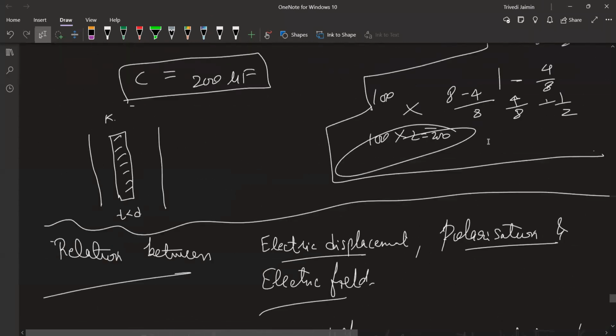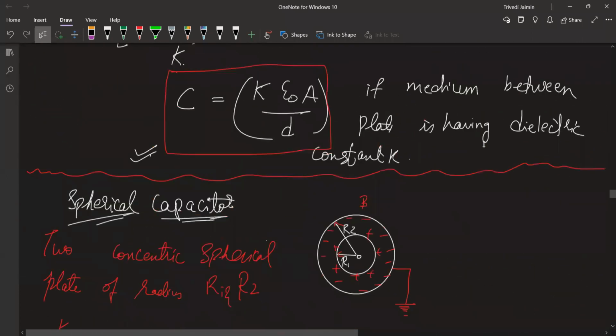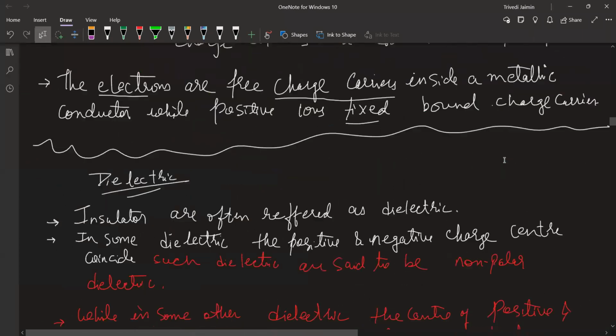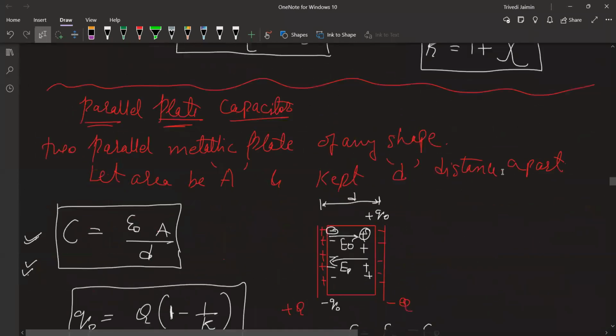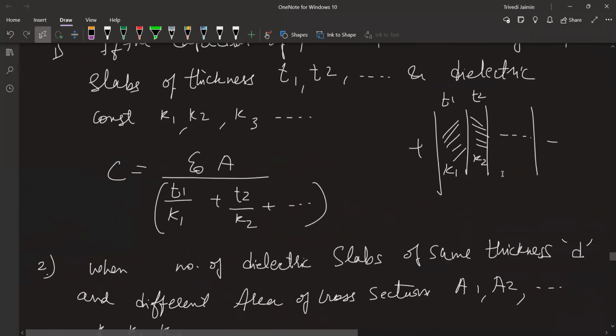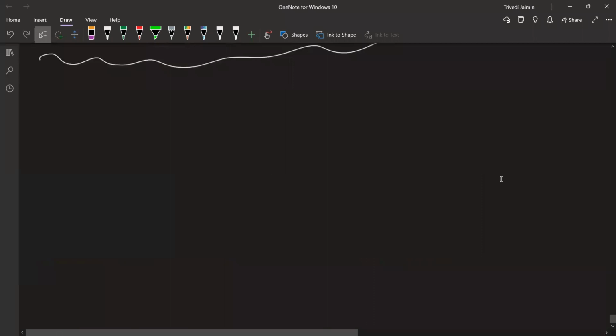Okay, let's combine all those formulas from where we started with capacitors.